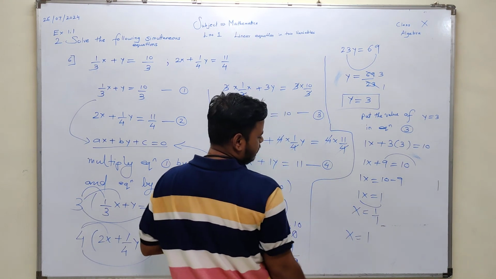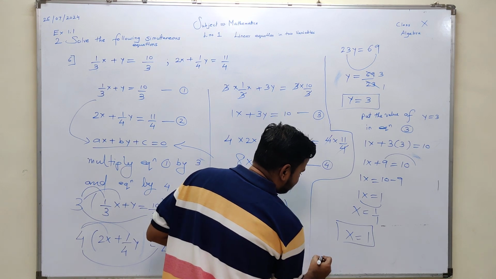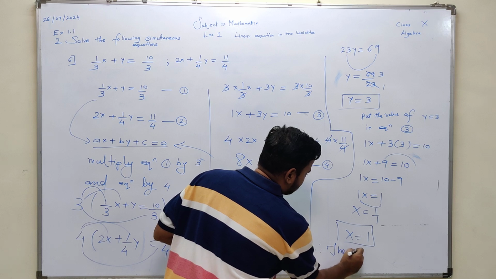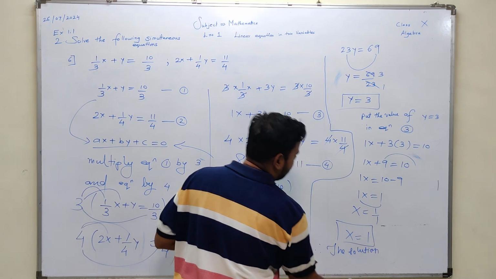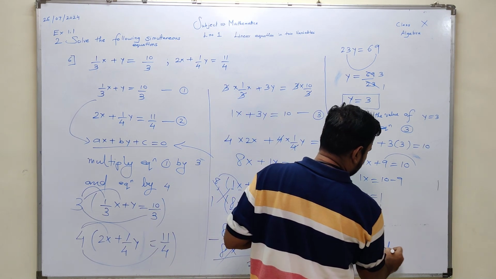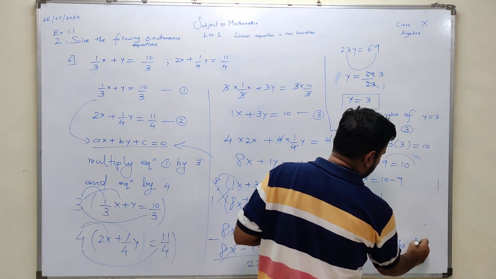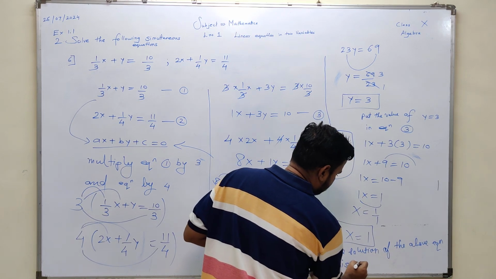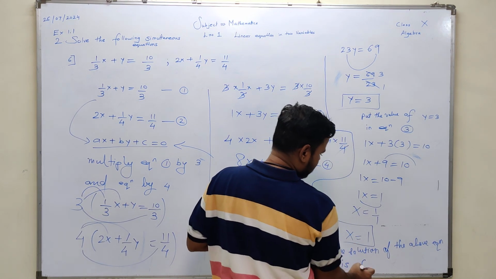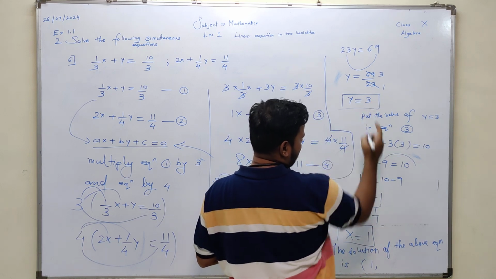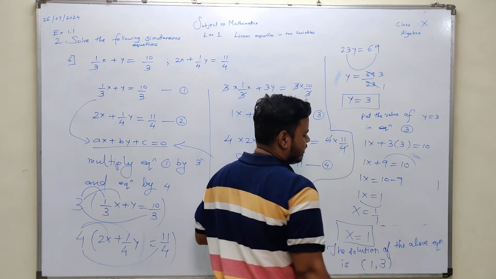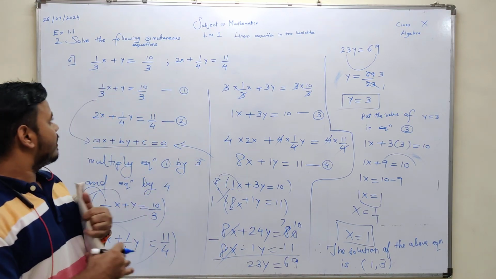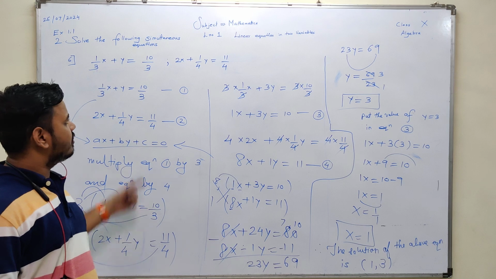So we have our solution. Therefore the solution of the above equations is x equal to 1, y equal to 3, that is (1, 3). So that's how we will approach and solve this slightly difficult equation.